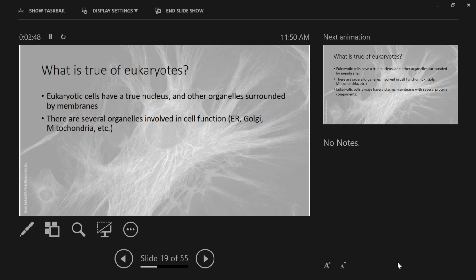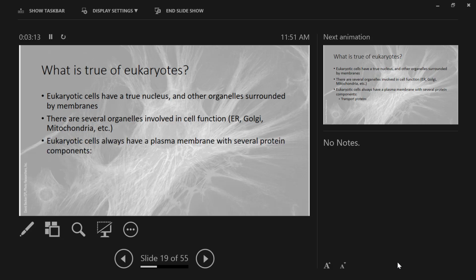Then we have mitochondria, known as the powerhouse of the cell. Now, the Golgi body and the mitochondria are absent from some eukaryotic forms. Neither is absent from any animals as far as we can tell, but there are some single-celled eukaryotic life forms that lack Golgi bodies, and there are some that lack mitochondria.